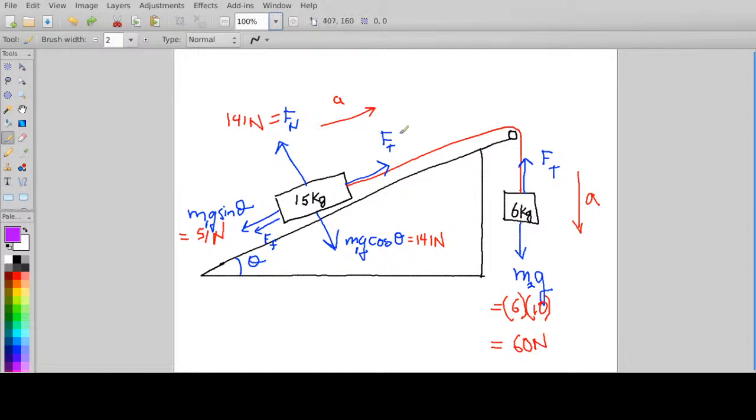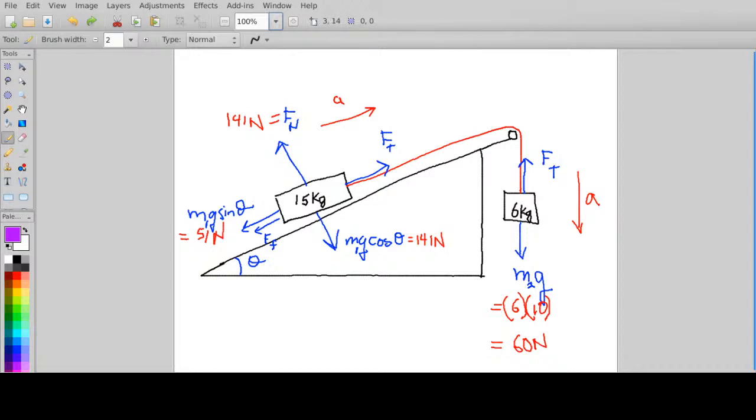We rethought this and said there's still a force of friction, but on thinking about its value, we realized we don't know that it's the same as in part A. So don't put a number there. Don't set it equal to 57.5, otherwise you would have gotten the wrong answer. And then of course there's an added force, which was the force of friction. But I think you would agree that the change in value of the tension force is subtle.